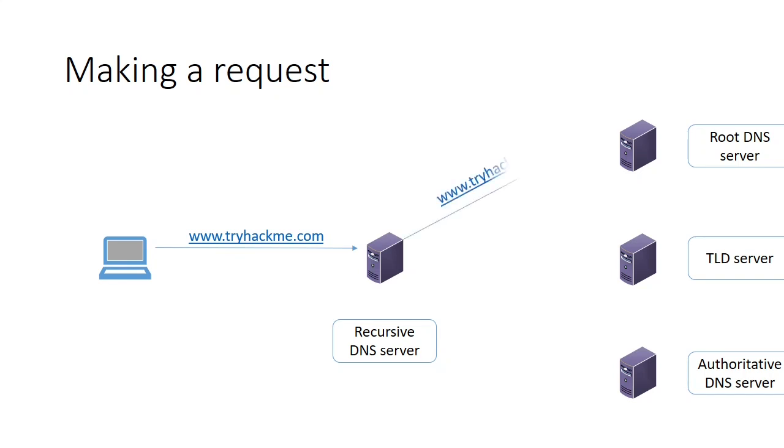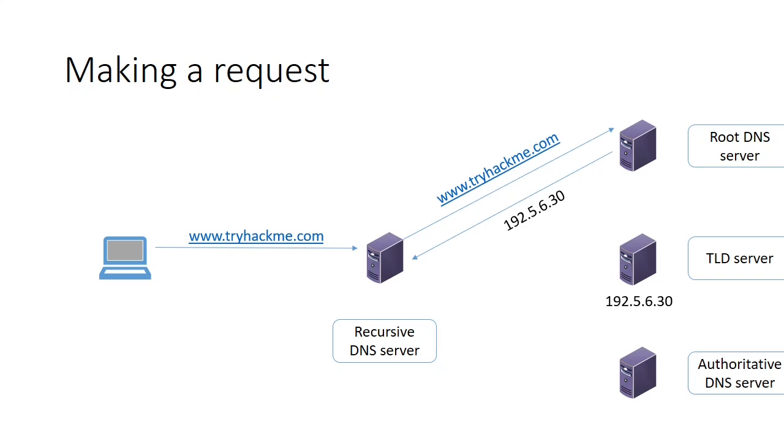It will start by sending a request to a root DNS server. That root DNS server will tell your recursive DNS server that, I don't know the IP address for this domain.